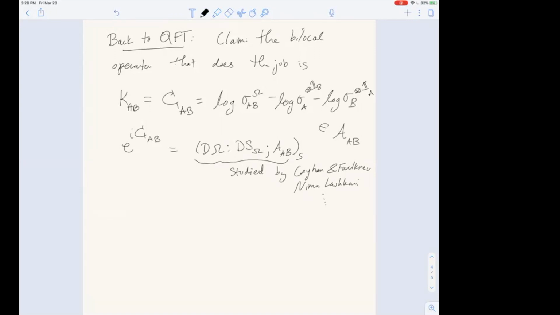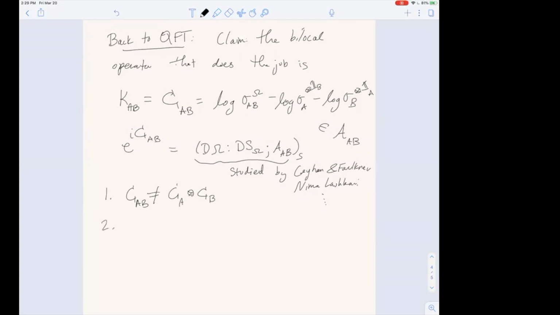Okay, so a few facts about this operator. This operator does not factorize between the two regions, so that's good, right? It better not factorize if we're going to get any negative energy out. If it factorized, we wouldn't have any correlations between the two sides, and so it wouldn't create negative energy.